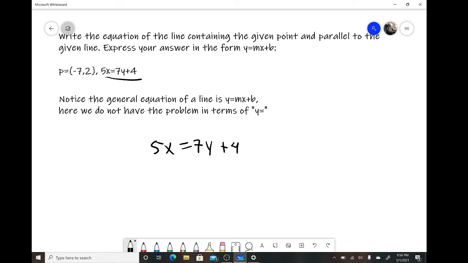First thing that I will do is take away 7y from both sides of this equality. So I have 5x minus 7y equals, here the 7y and the 7y cancel out, and I still have the plus 4. I could just write 4 on the right side.